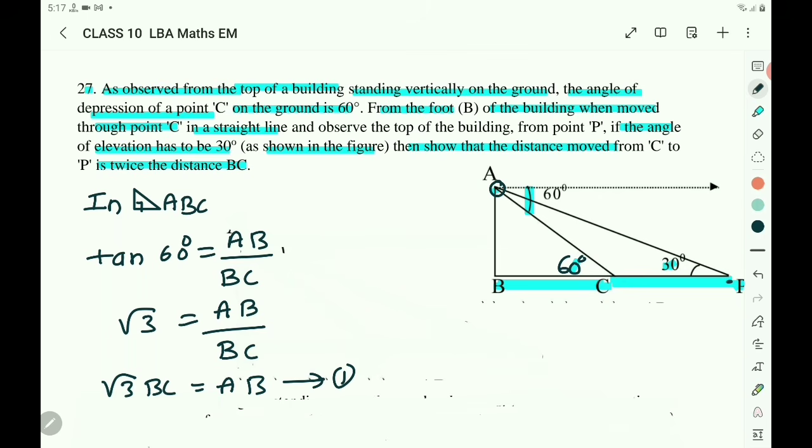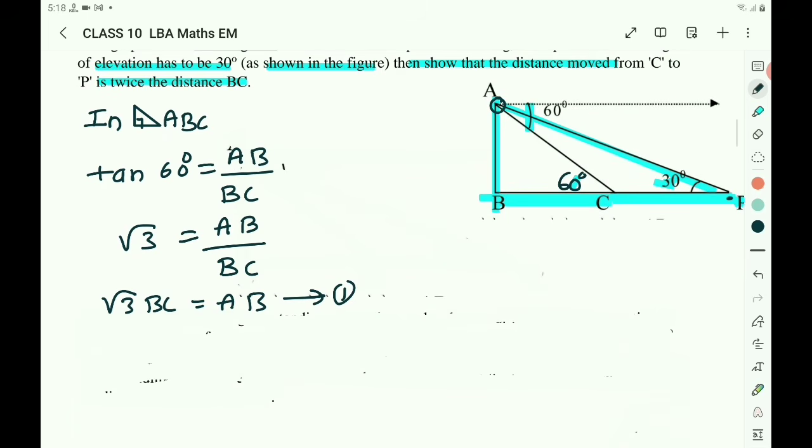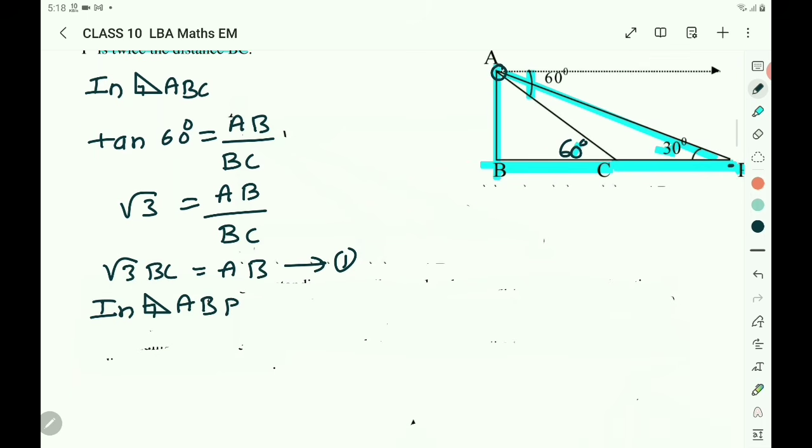Consider it as first. Then take the triangle ABP. For this 30 degree, AB is the opposite side and BP is the adjacent side. Again use the trigonometric ratio with opposite side by adjacent side, that is tan 30. In the right angle triangle ABP, tan 30 degree equals opposite side AB by adjacent side BP.